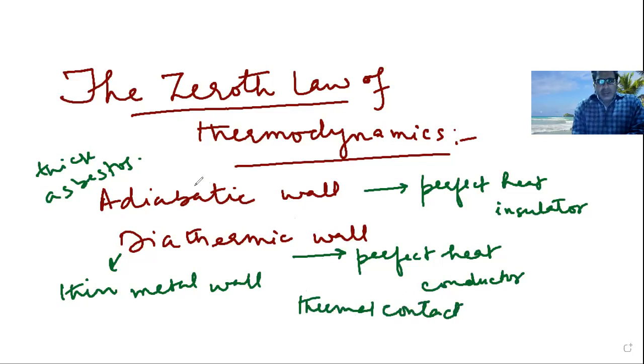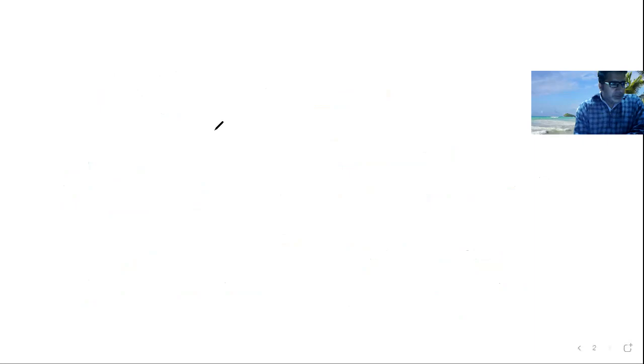Now, using these definitions of adiabatic wall and diathermic wall, we're going to state the zeroth law of thermodynamics, and first we will understand it. For example, I have two systems, system 1 and system 2.